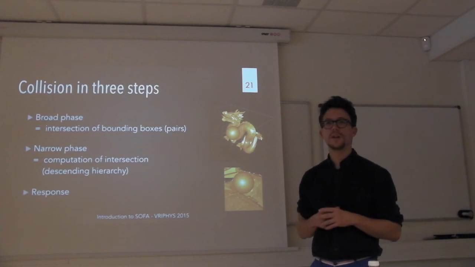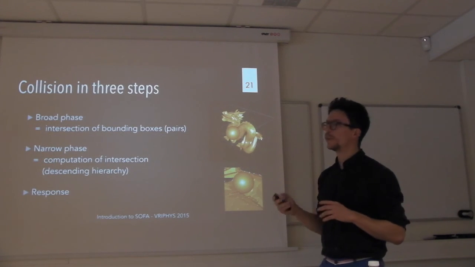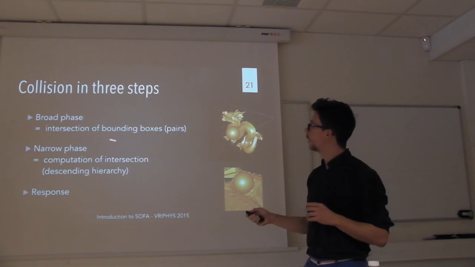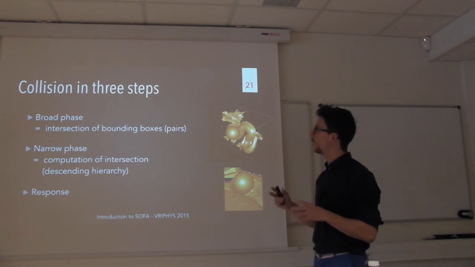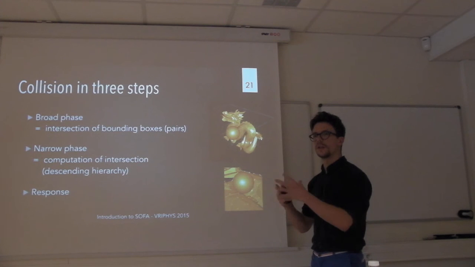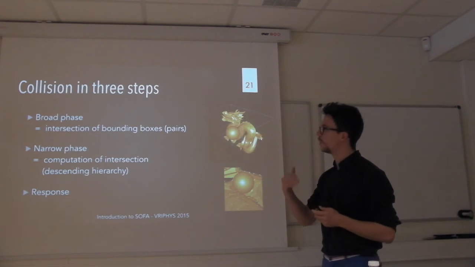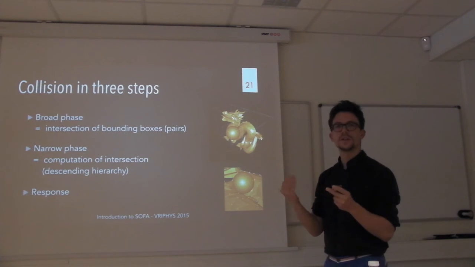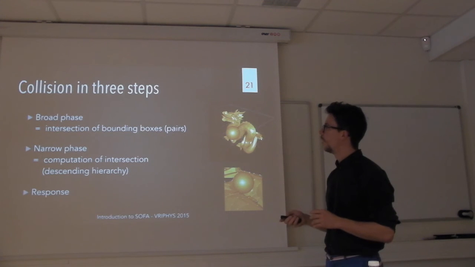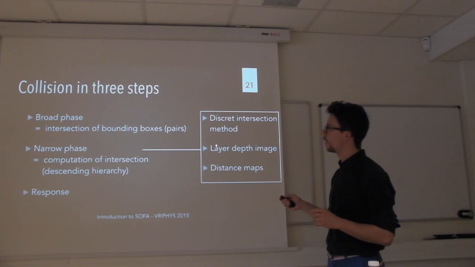How does it work? Very briefly, it's in three different steps. The first one is a broad phase. Here you have the bounding box of your object, and the computation will first detect the intersection of these bounding boxes. Then you will have a narrow phase, depending on the method you choose.